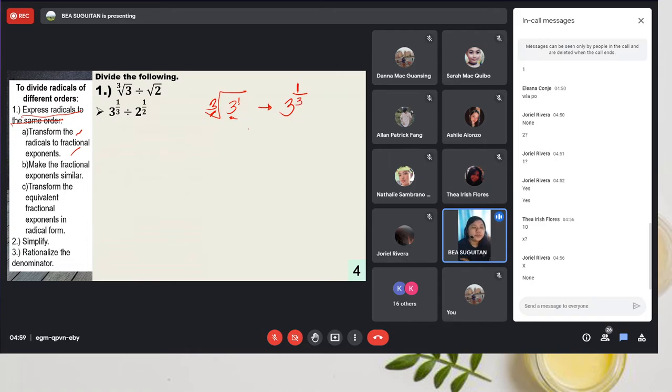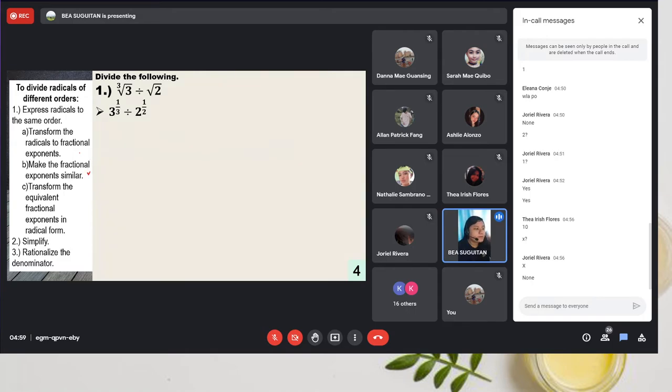That's why yung cube root of 3 natin, it gave you the answer of 3 raised to 1/3. Okay, same thing with square root of 2. That is also equal to 2 raised to 1/2. So that we are already done doing the step 1A.